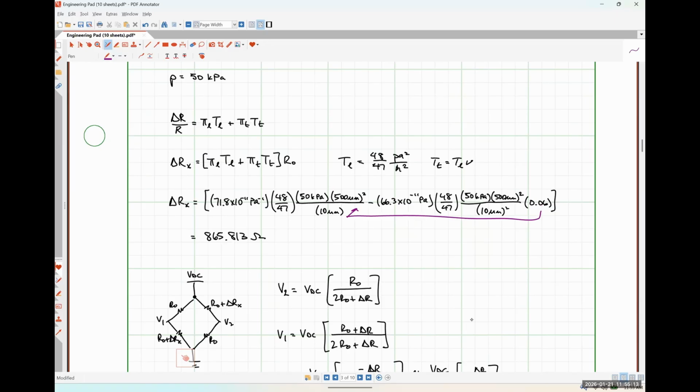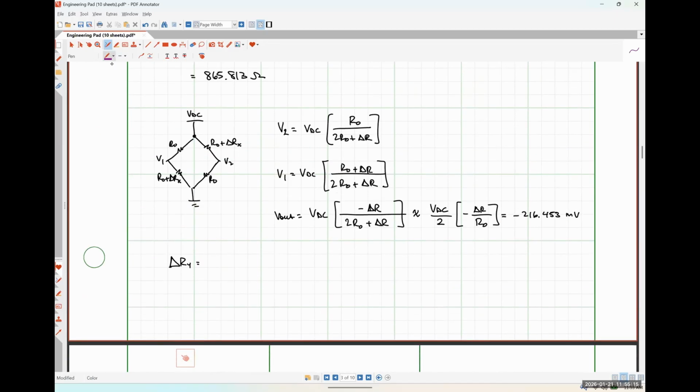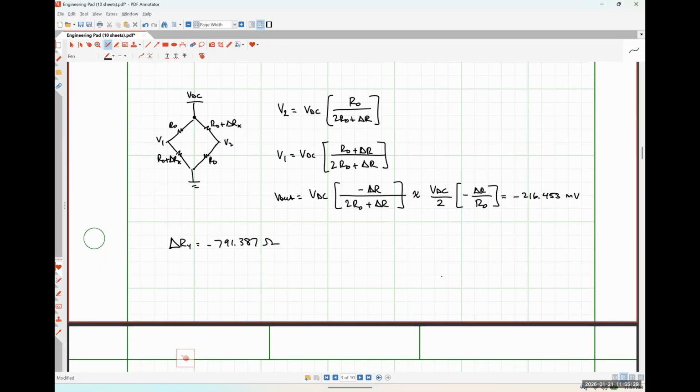And so what we'd wind up getting in that particular case is a change of negative 791.387 ohms. And if we had a new configuration, I'm just going to zip through this really quickly.